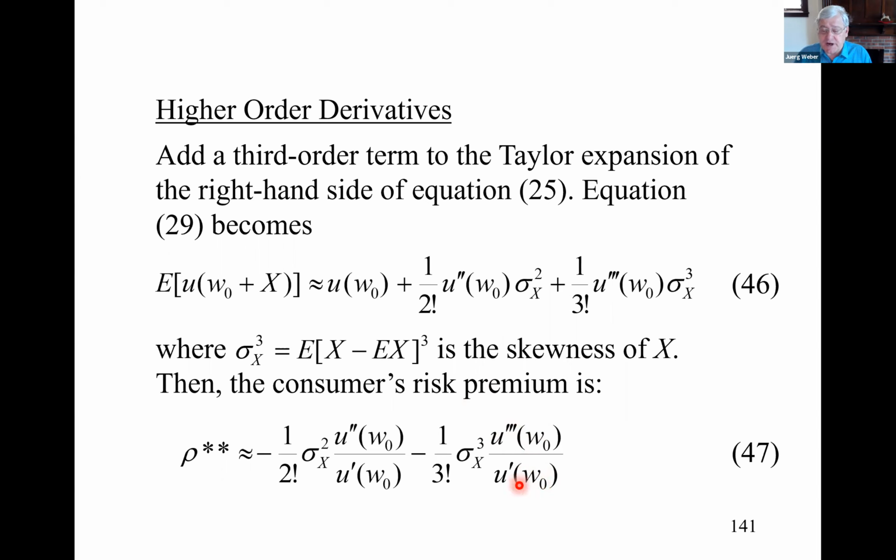The first derivative anyway is positive, and let's also assume the third derivative is positive. Then by assumption, sigma to the third power, the skewness, is negative. We have negative skewness, a thin tail to the left. So I have negative and negative, so I get a positive term. So the risk premium will increase.